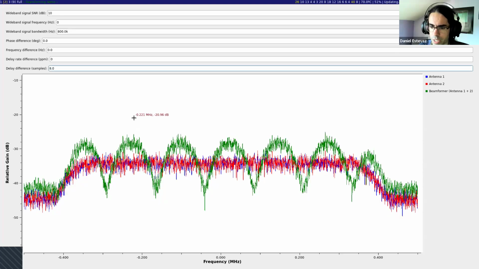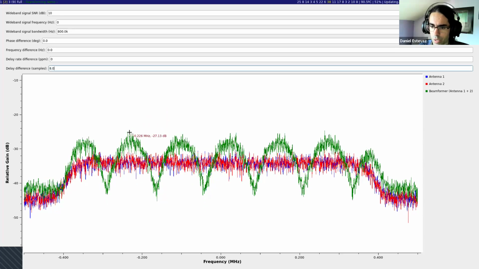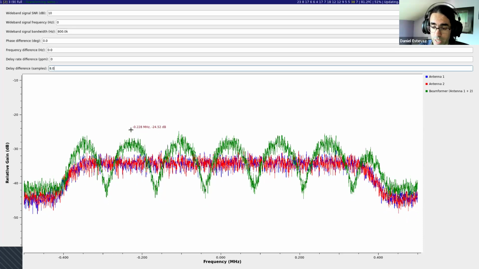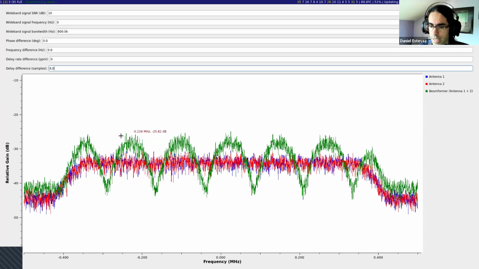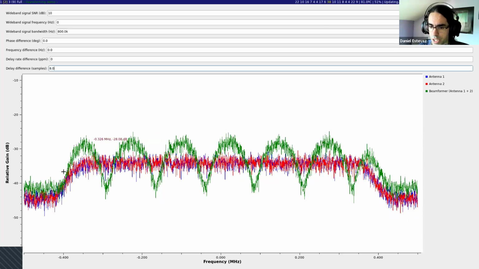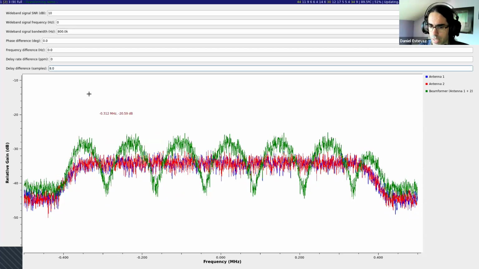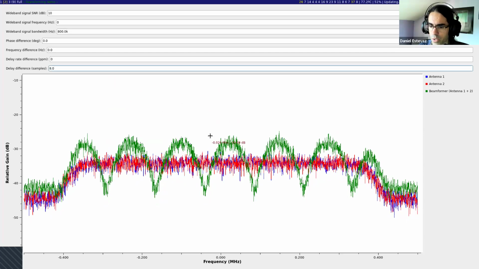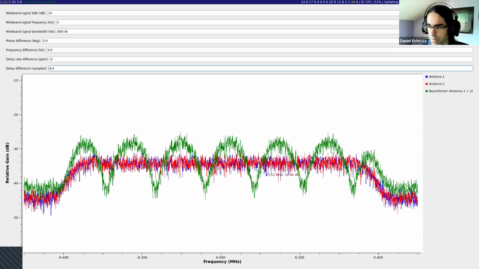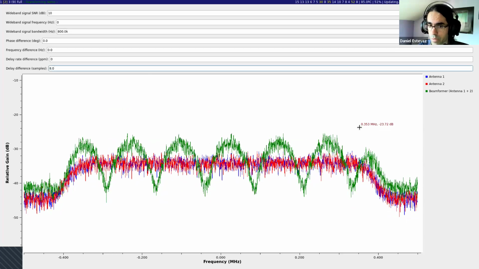In some of the other frequencies, there is going to be a phase difference of 0, and I will get constructive interference. The signals will combine, they will add. And basically my phase difference is changing over frequency, and it is basically 180, 0, 180, 0, and that is what causes this interference pattern over frequency.